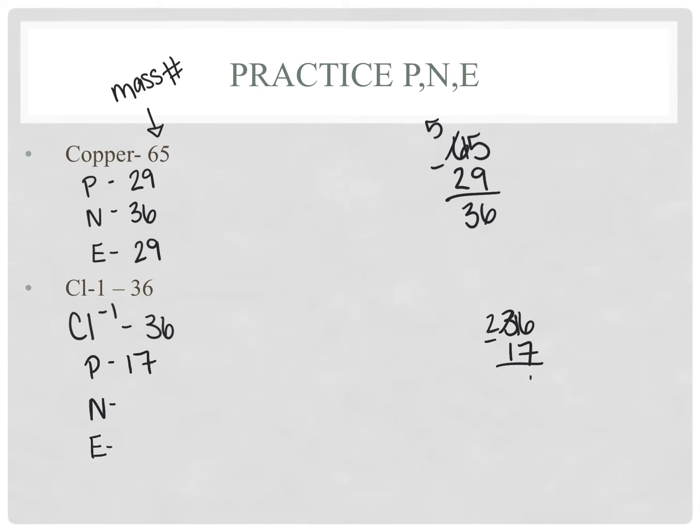Okay, what are you getting? Are you getting 19? Okay, and then this time, do you see a charge? Okay, so -1, what does that mean for electrons? It means you have to have an extra electron. So how many electrons? 18.